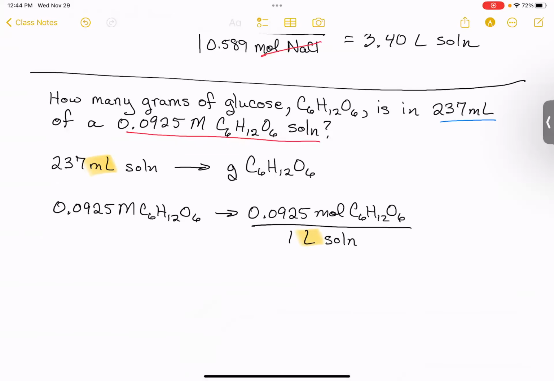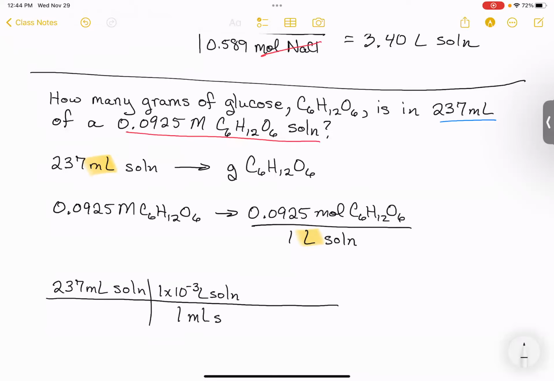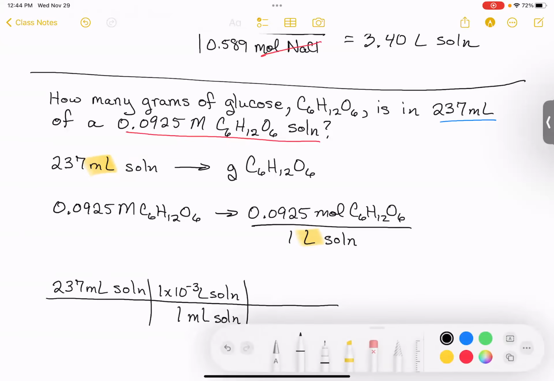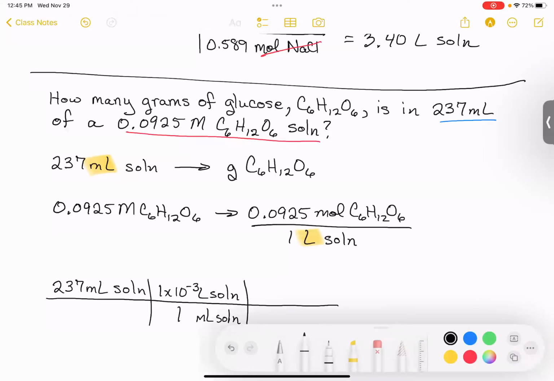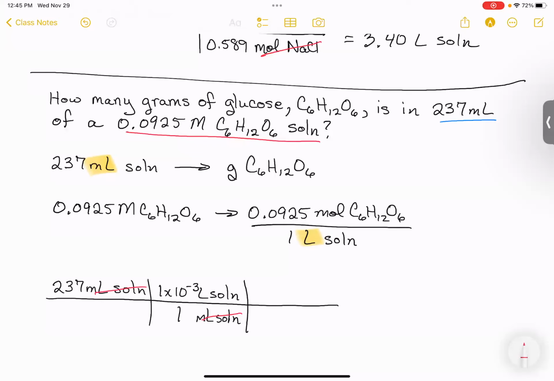So my first task is to take that 237 milliliters of solution and convert it into liters of solution, with the fact that 1 times 10 to the minus 3 liters of solution will equal 1 milliliter of solution. The milliliter portion had to be placed in the denominator so that the unit and the substance could be canceled out, leaving liters of solution.